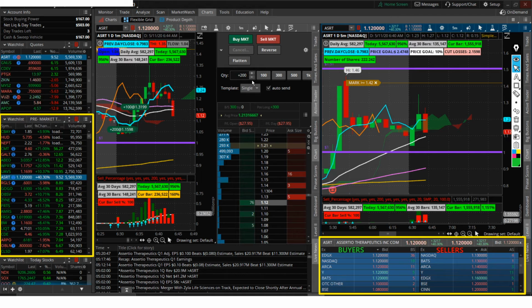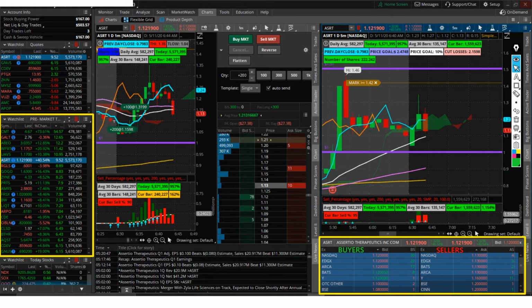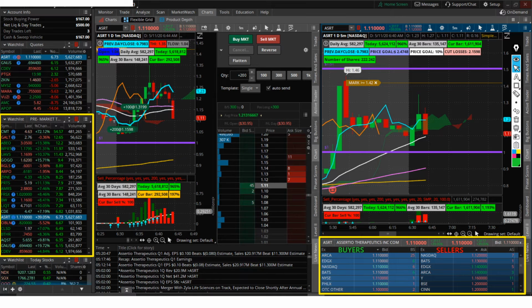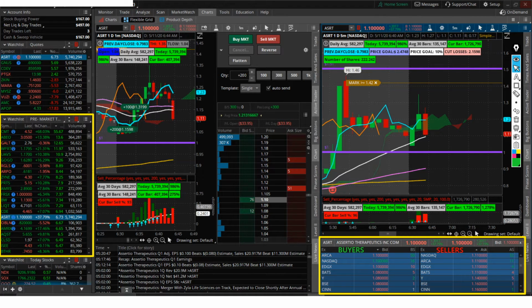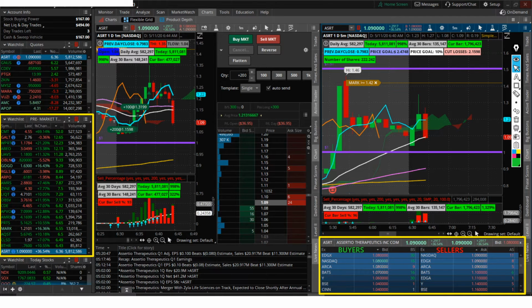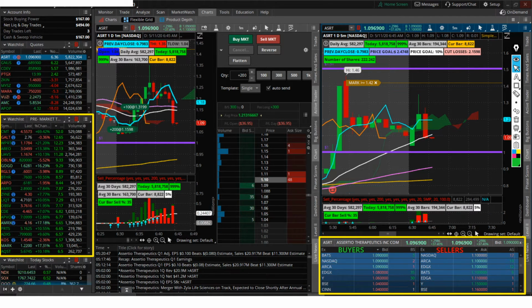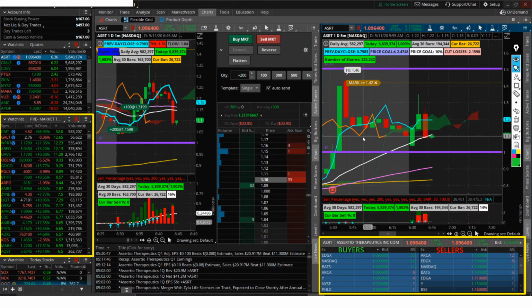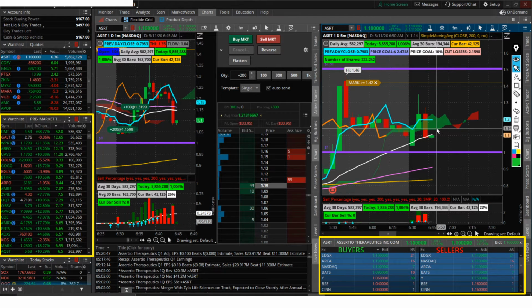What I can do is I can still buy 100 more shares to bring my average down, but it's just selling off like crazy. And so at $1.16 is where I would cut my losses.